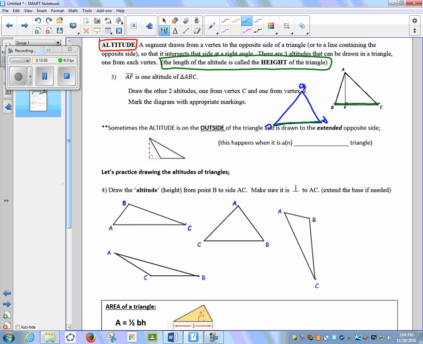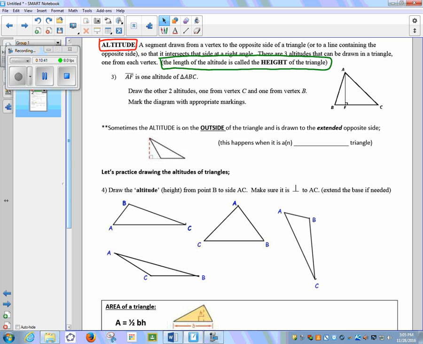Well, the altitude would be drawn from B straight down to AC. In this case, then, the height is a different length than when BC was at the base. So it all depends on which way you turn your triangle, how you're going to measure the height. So that just means that there are 3 altitudes, all based on a vertex to the opposite side perpendicularly.